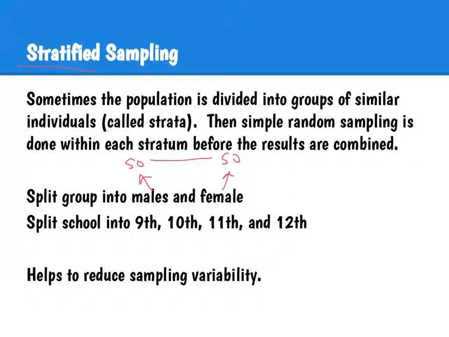And then I put them together to get my sample of 100. I can split the school into 4 groups, and then get 25, 25, 25, and 25. These are 25 randomly selected people, put them all together, and that gives me my group of 100. By doing this, it helps to reduce sampling variability.